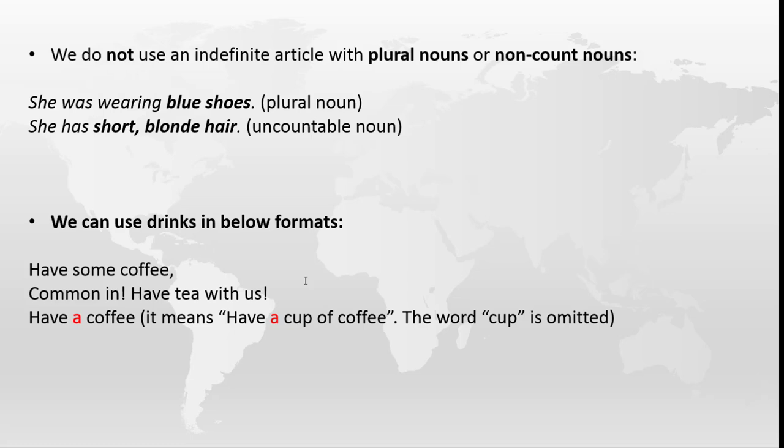It's also correct because here, a cup of coffee, a cup is omitted and it means a cup of coffee. Or when I say, for example, have an ice cream, it means a bowl of ice cream or something like that, a unit of it. So in this case, we can say have a coffee. It doesn't mean that coffee is not uncountable. It is. But the container of the coffee is missing and it's omitted in this sentence.